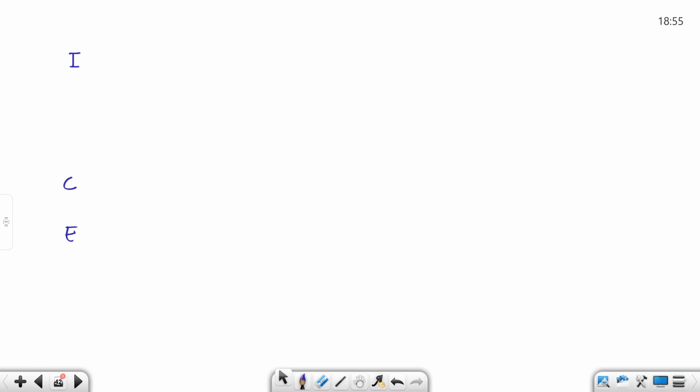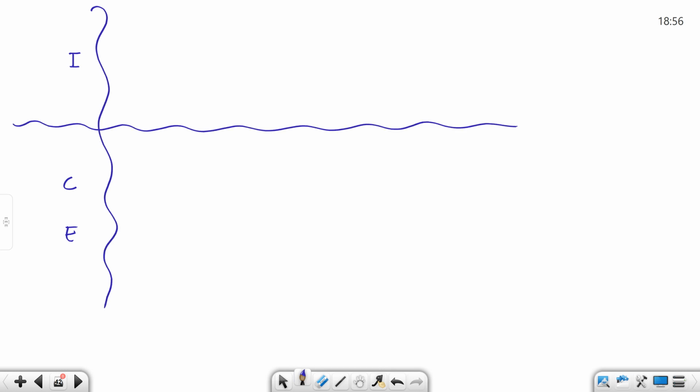This is the easiest way to answer. The first one, I, means to what? Identify the type of intermolecular force. And basically, there are 3 of them.